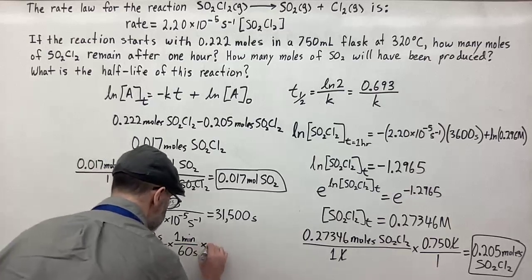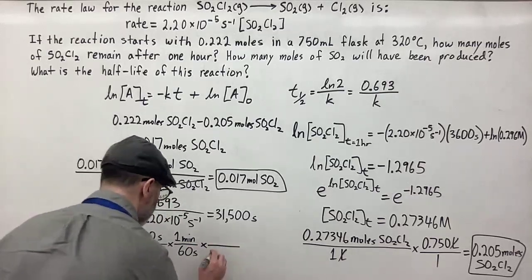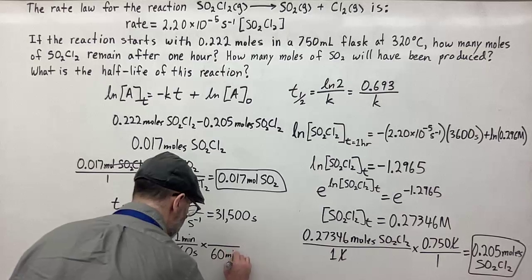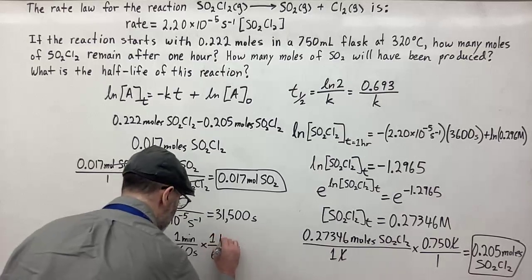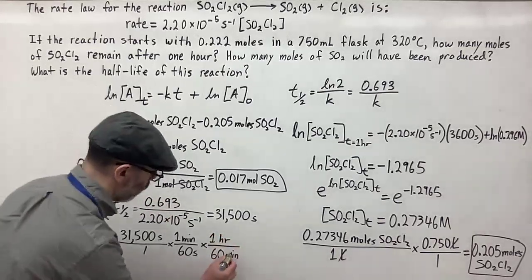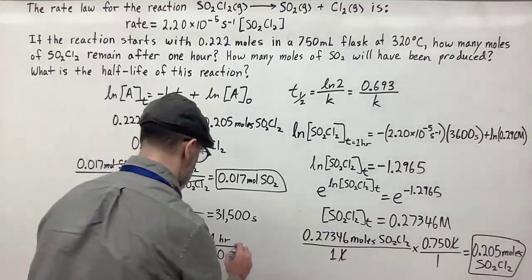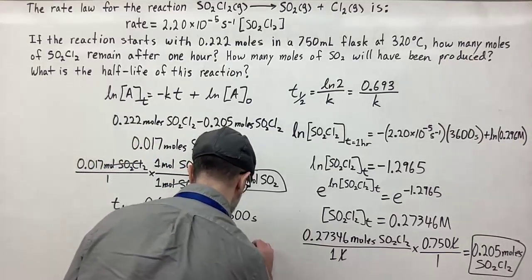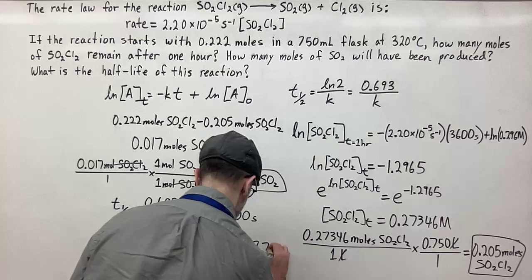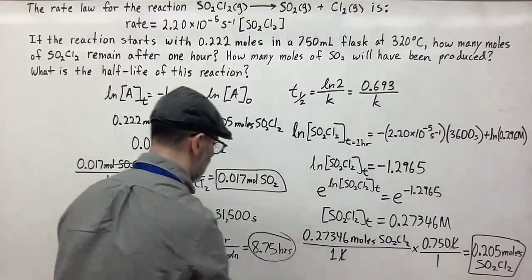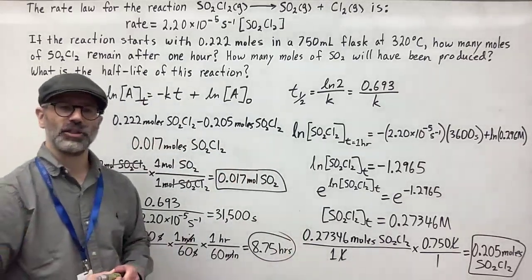And then we can use the conversion factor of minutes to hours. So 60 minutes on the bottom, 1 hour on top. So minutes cancels out, seconds cancels out. Now if we do our calculation, we get 8.75 hours. So that is the half-life of this reaction.